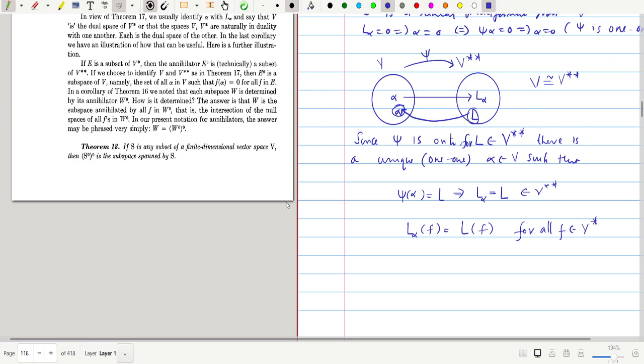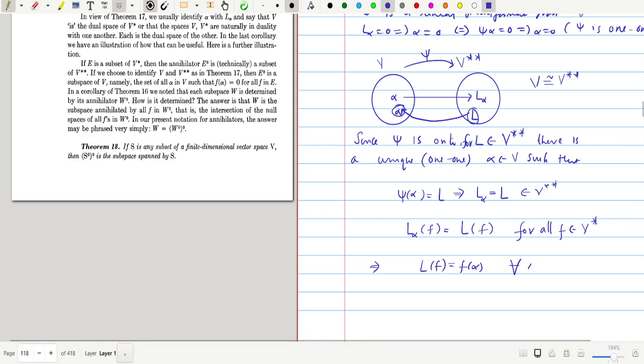The domain is V star, so L alpha of f is equal to L of f. By definition, L alpha of f is equal to f of alpha, and the left-hand side is L of f, for all f belonging to V star.